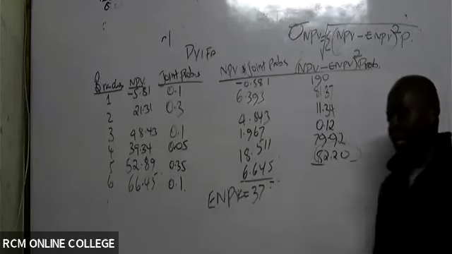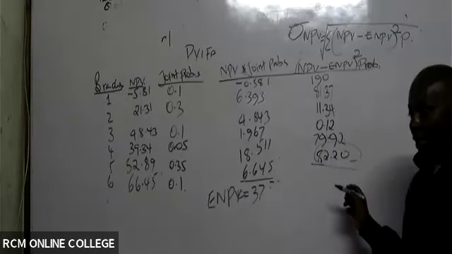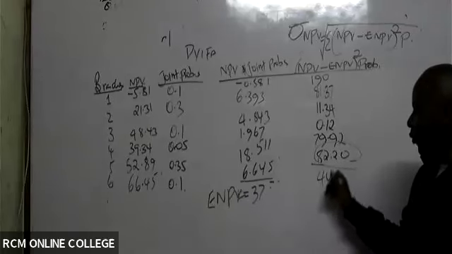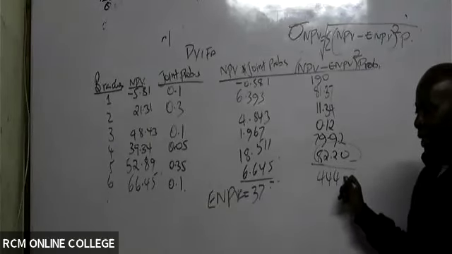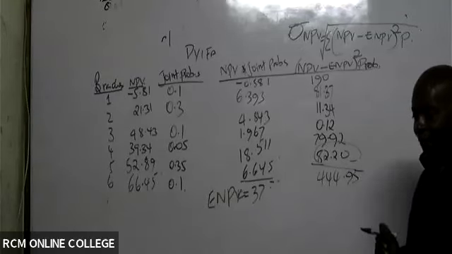What are we able to get here? As the expected net present value, this is 444.95. Oh, 95 or 65? 95. So this is what we call the variance.